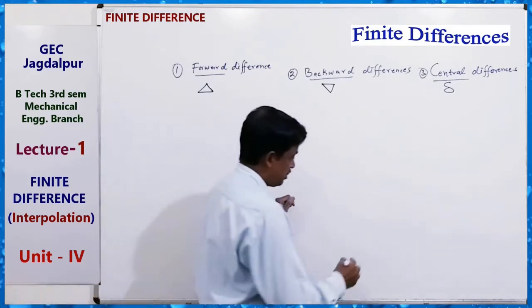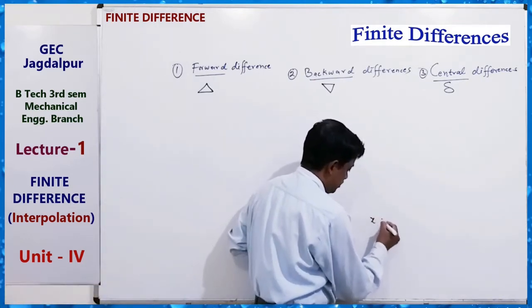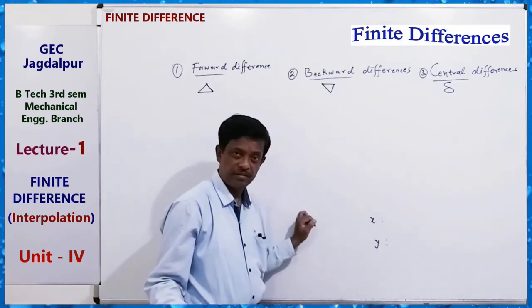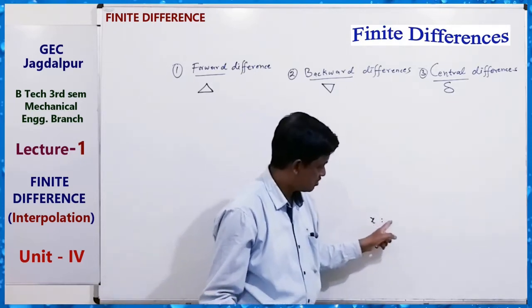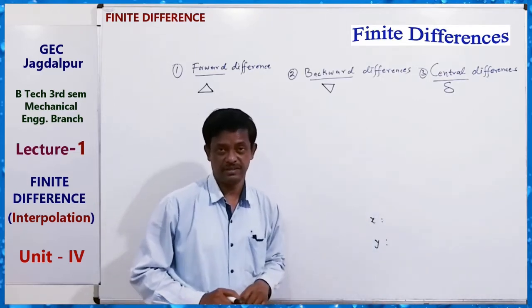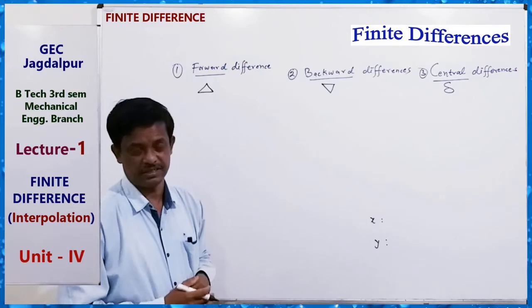We know whenever we have a table of x and y, maybe the values of x are at equal intervals, at equal distance.